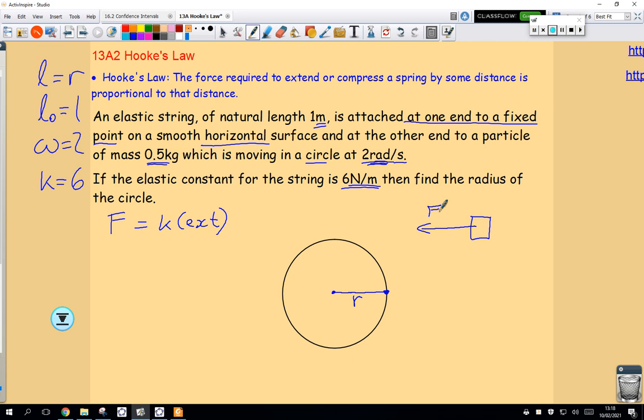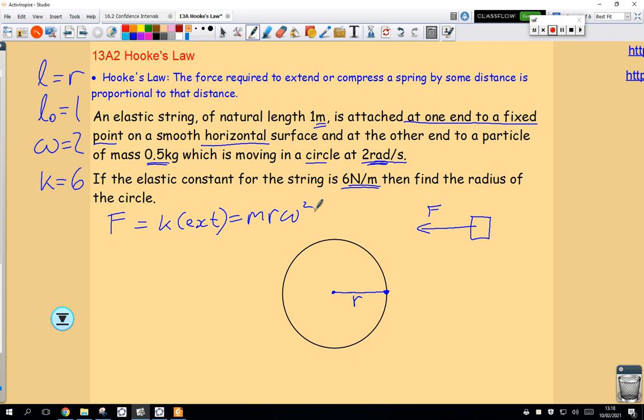How do I know there's a centripetal force? Because it's traveling in circles. If something is traveling in circles, there must be some centripetal force making it travel in circles. So the centripetal force is going to equal K times the extension. And we know that the centripetal force is always m r omega squared. Again, that's work we've looked at in previous classes.